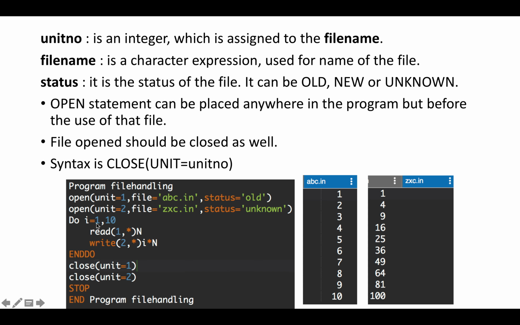And now the value of I is also 2, so it will write 2 into 2, which is 4, on the second file. So 4 again, and it repeats the process, keeping on reading from this file and writing the product of I and n onto the other file. So this is how we can read and write from and onto a file in a Fortran program.